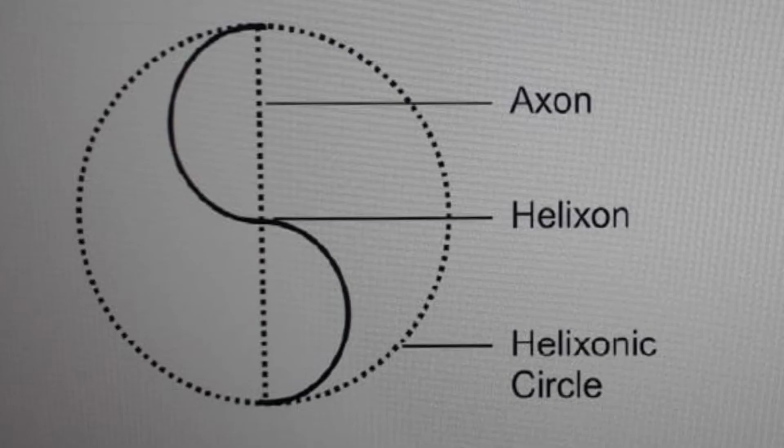This one turn of the helix can also be represented through figure 4.5 on page 37, which shows the inner fields in one turn of the helix, which I have named the axon for the central axis portion and the helixonic circle for one turn of the helix, which defines a potential circle.